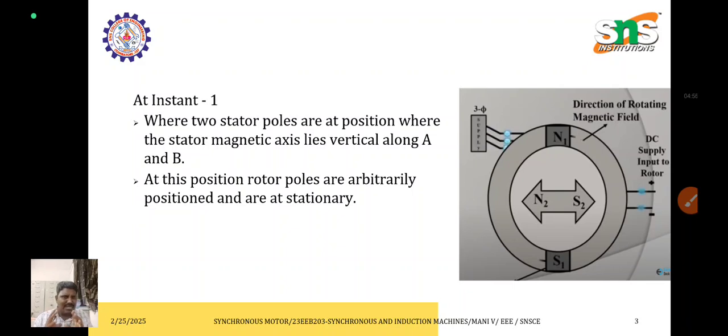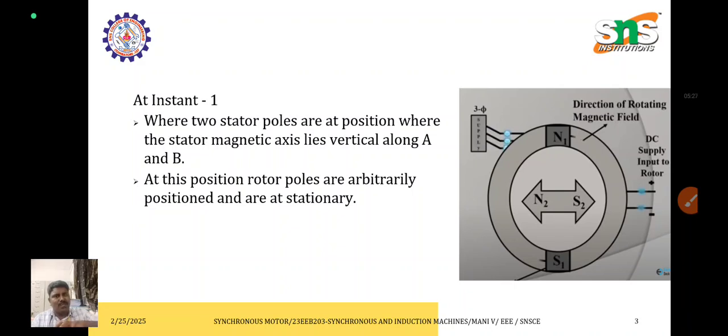But when S2 is about to move near N1, momentarily N1 changes to S1, because the stator field is rotating at 1500 rpm. Now N2 can move toward S1 so that we can get the magnetic locking.